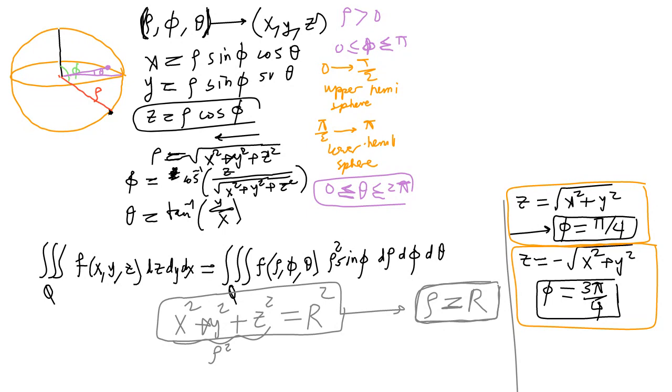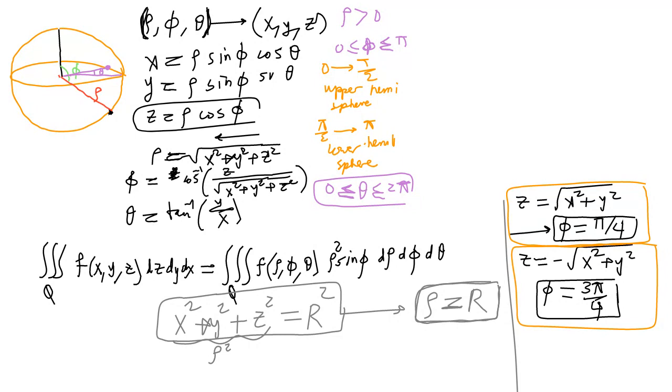You will end up with a known phi. You can write the full equation as cosine phi equals a certain number and use your calculator to find phi.